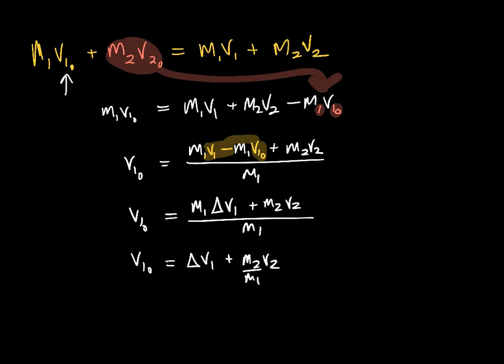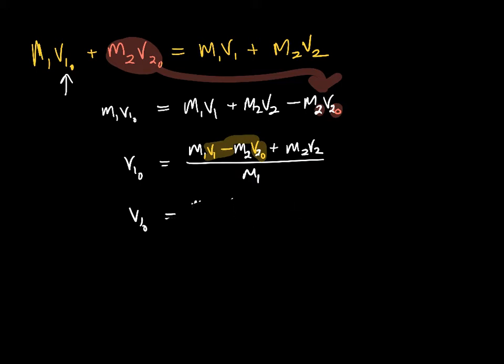So we need to go back. I hope you weren't writing in pen. You should never write in pen. These need to be mass 2. All right. Going to erase this. Glad I caught that before publishing.